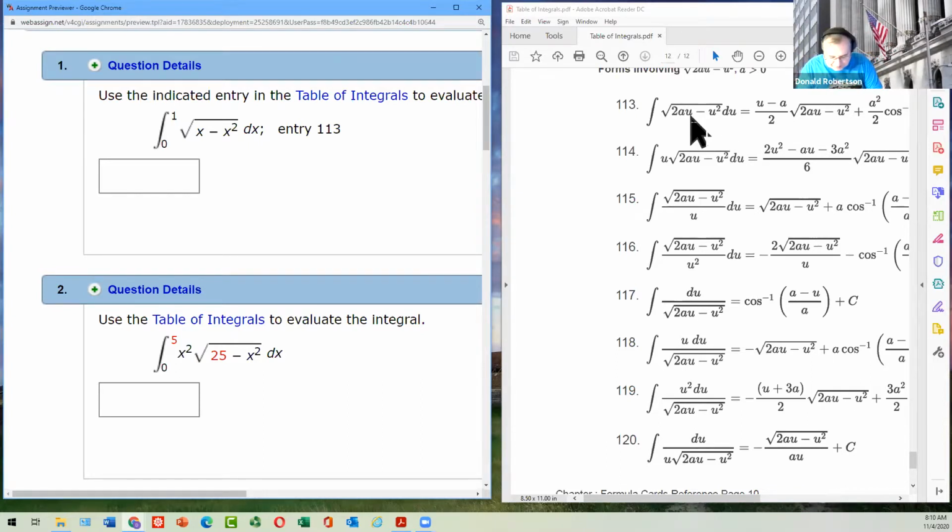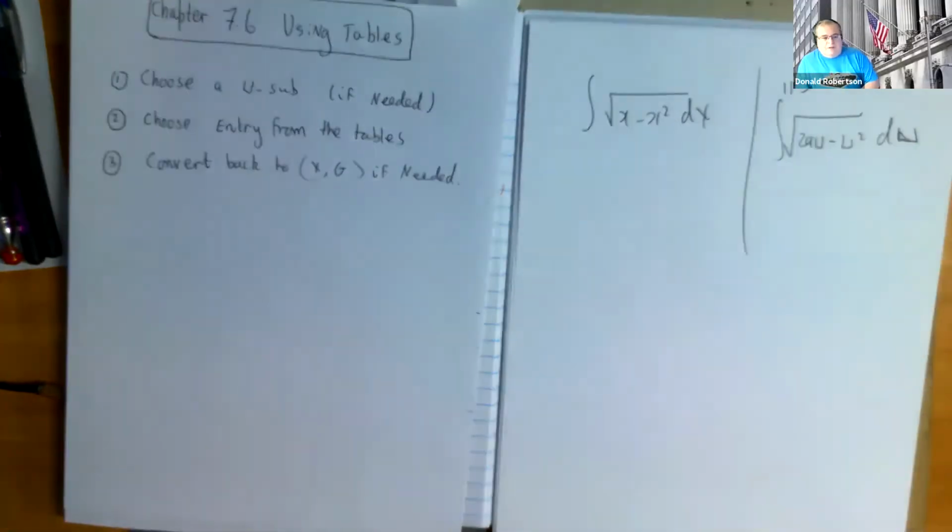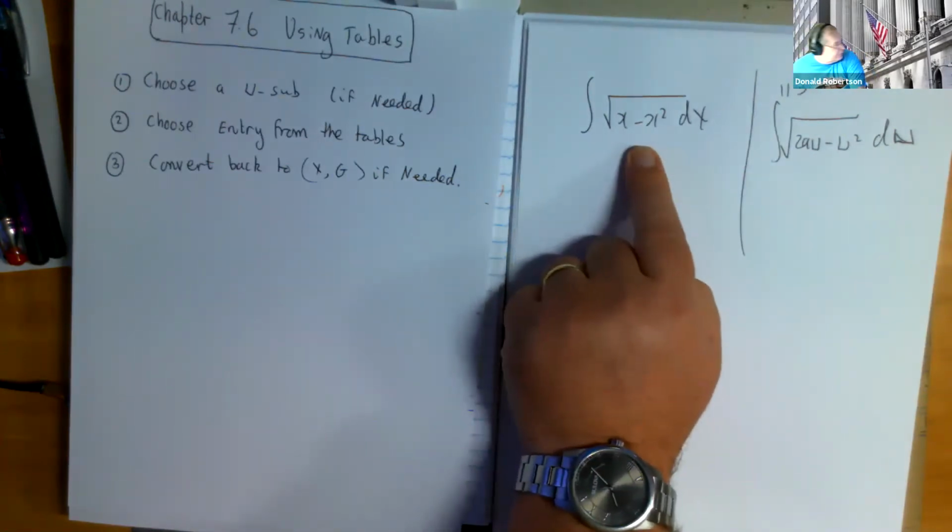I think I may have to write this down because it is quite verbal. So all I'm doing right now is writing down the question, and right beside it, I'm writing down entry 113, and I can perhaps show you what I'm getting at. Okay, this is the integral we're going to find.